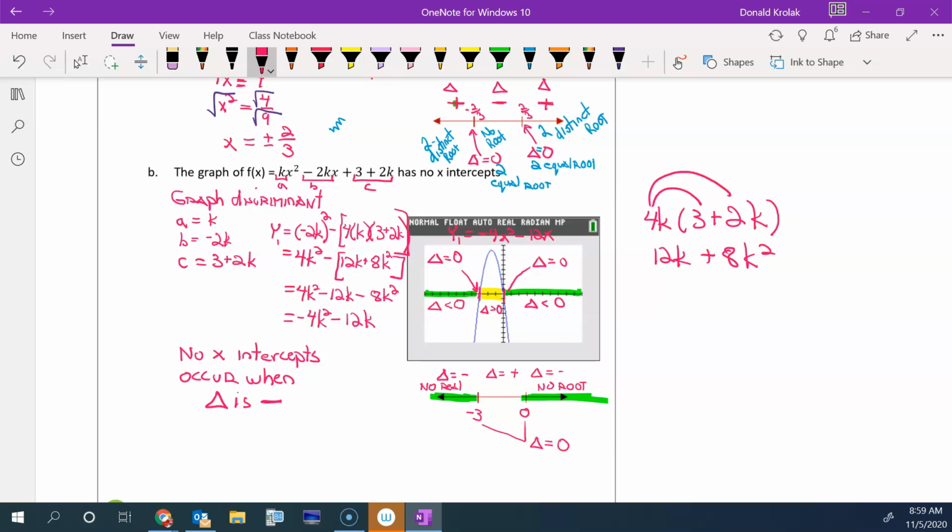In between them means two roots. And this guy means two equal roots.